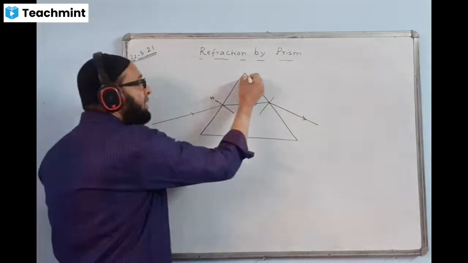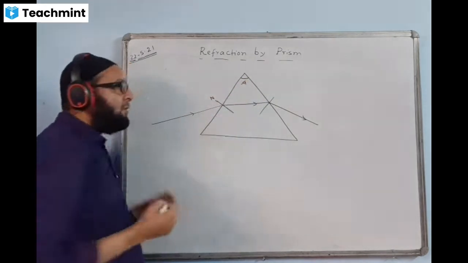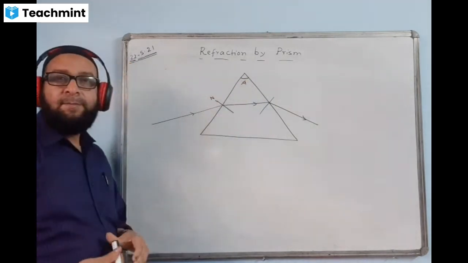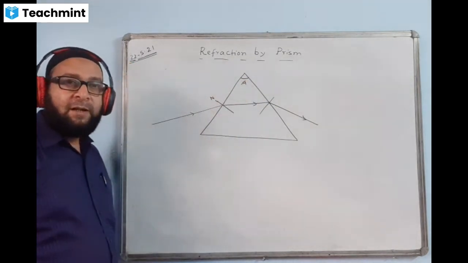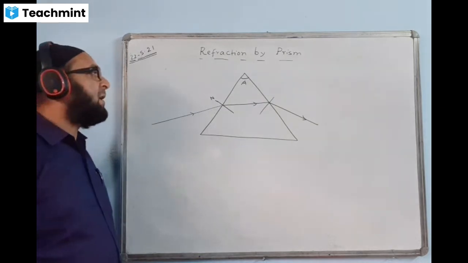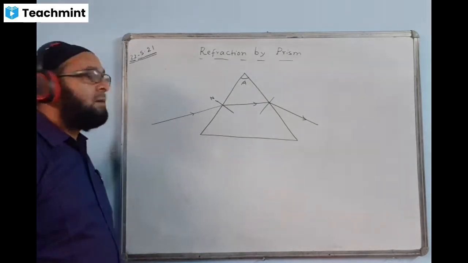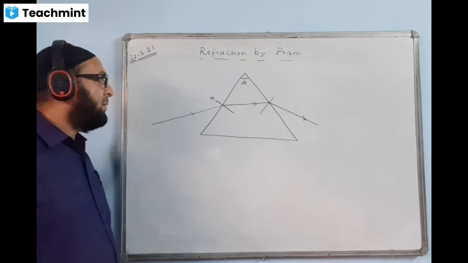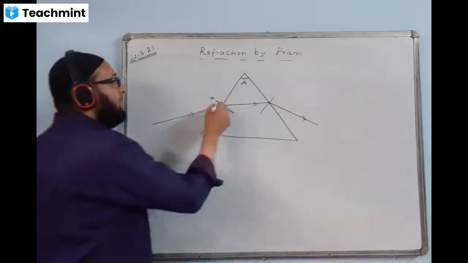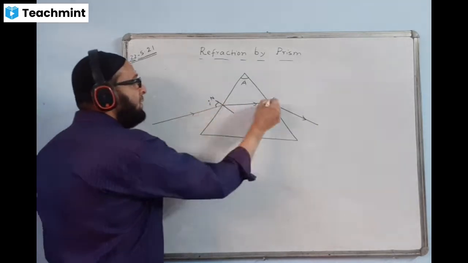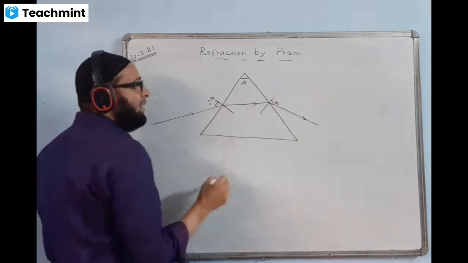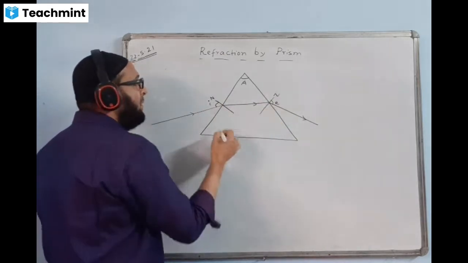This angle is known as the angle of prism, denoted by A. We call it the refracting angle of the prism, or only the angle of the prism. This angle is I, this angle is marked as E, this is another normal here.